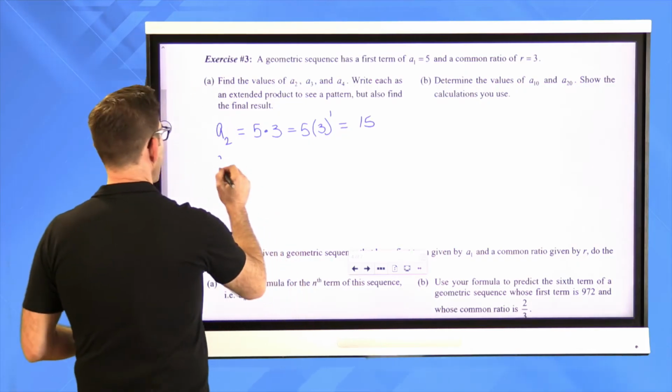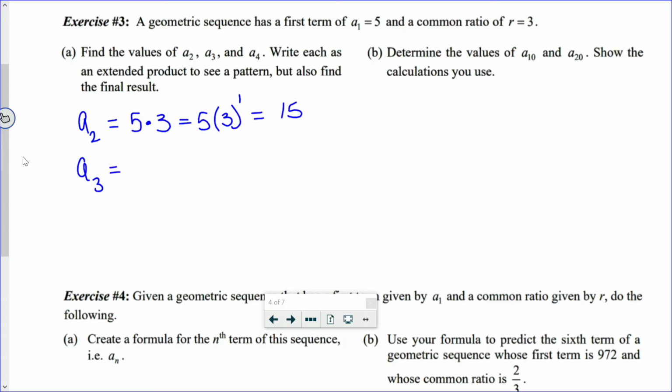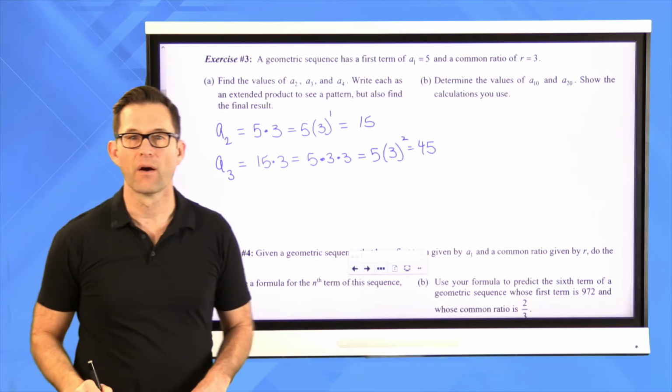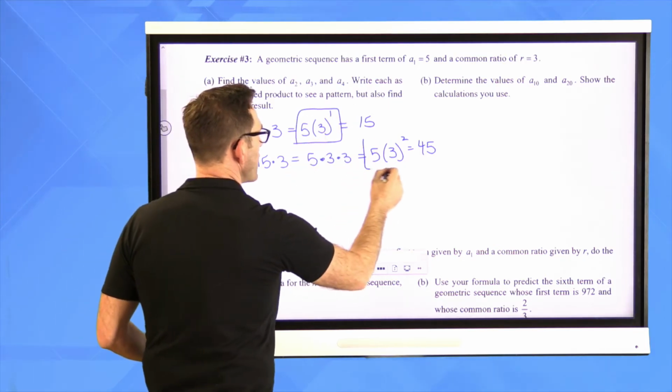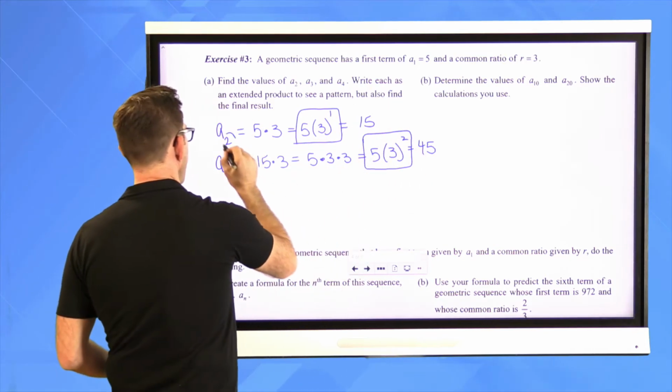On the other hand, A3 would be 15 times 3. And I know 15 times 3 is 45. I get that. But keep in mind that that's 5 times 3 times 3, or 5 times 3 to the second, which would be 45. All right? And what I really want to be keying in on is these expressions, right?